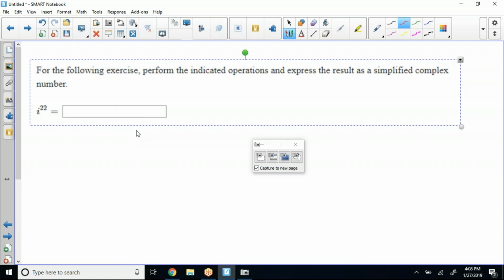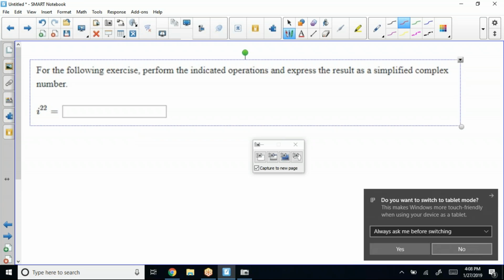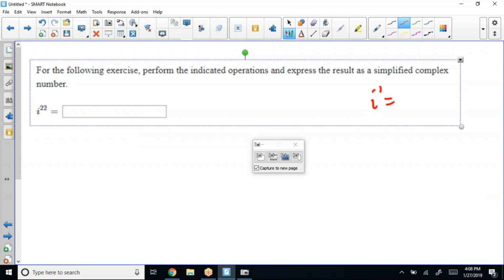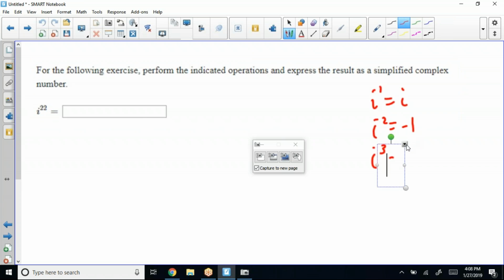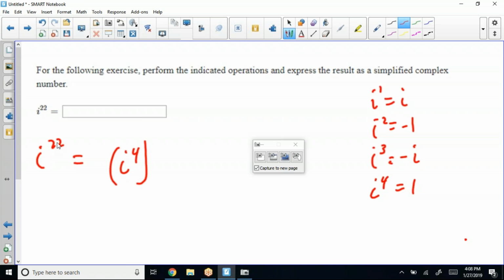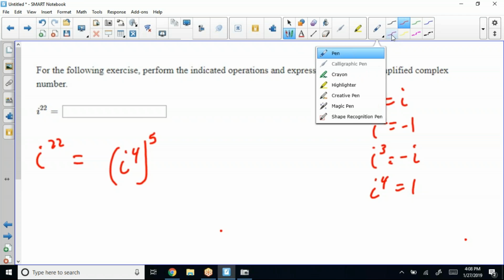So remember that i to the first equals i, i squared equals -1, i cubed equals negative i, and then i to the fourth equals 1. So I'm basically going to write this i to the 22 as being i to the fourth raised to some power. So 4 going into 22 at least 5 times.